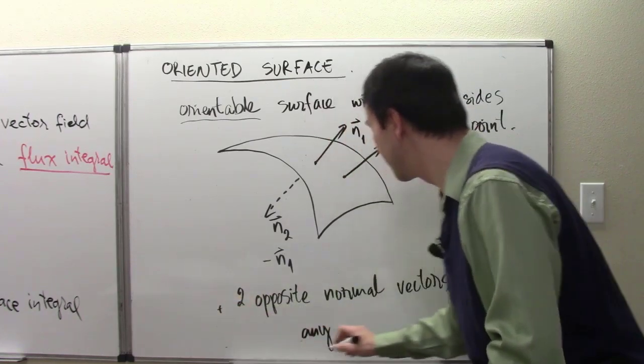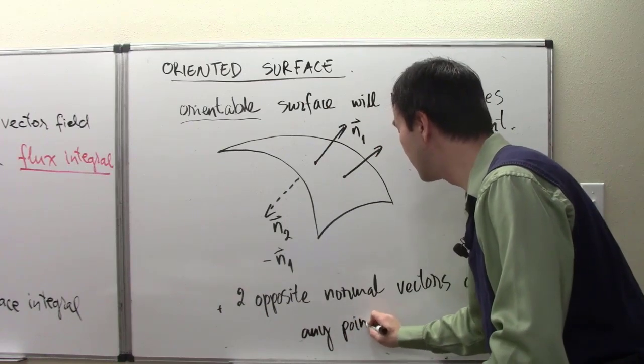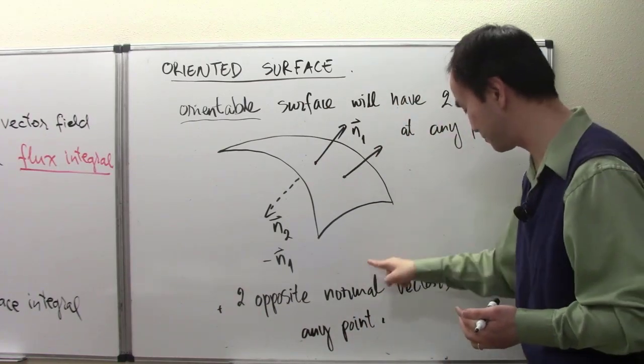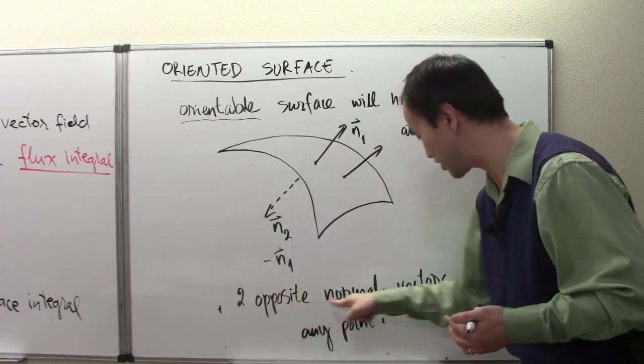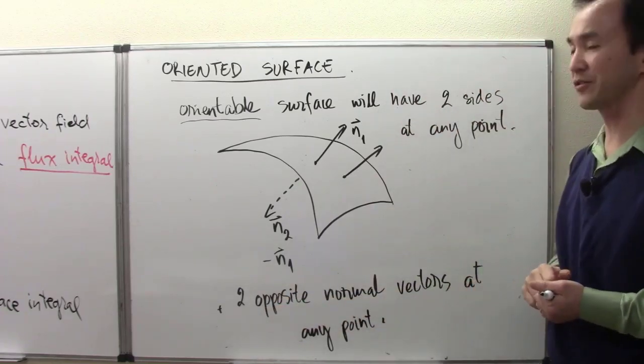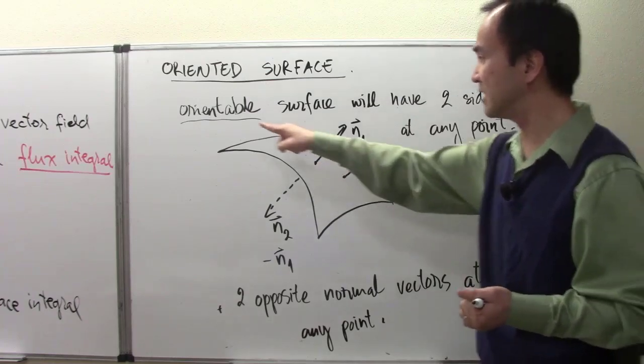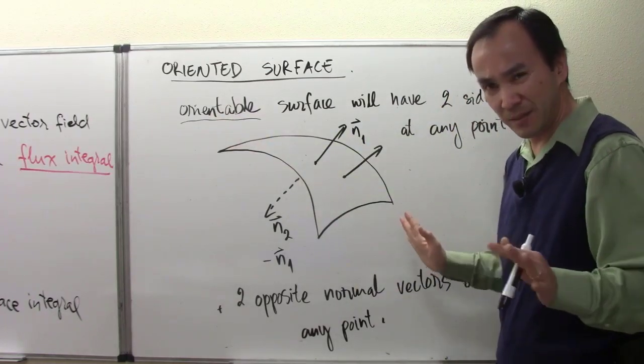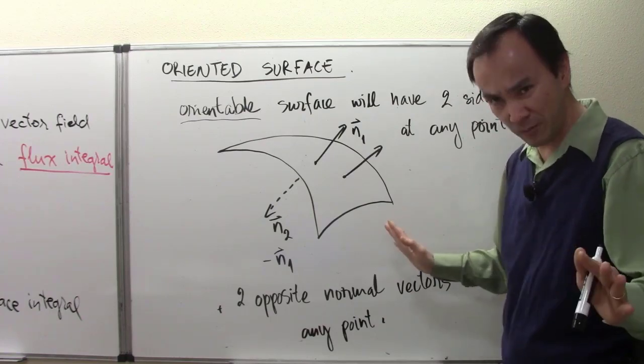So it has two sides at any point, or more precisely, it has two opposite normal vectors at any point. And that's what is meant by an orientable surface. So does that mean there are non-orientable surfaces out there?